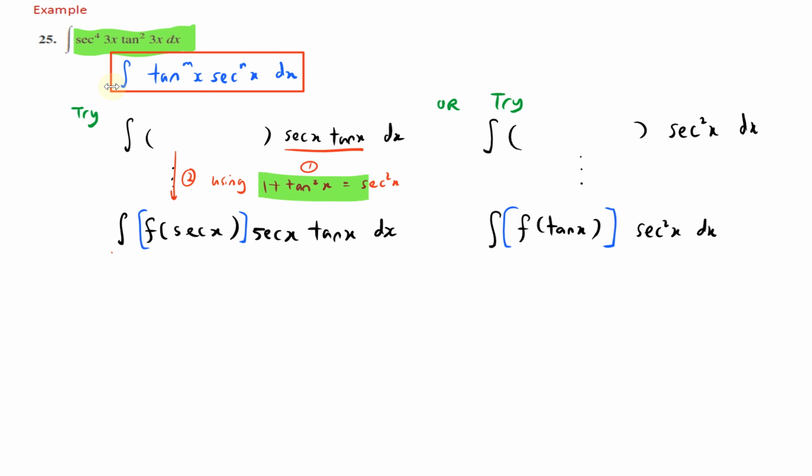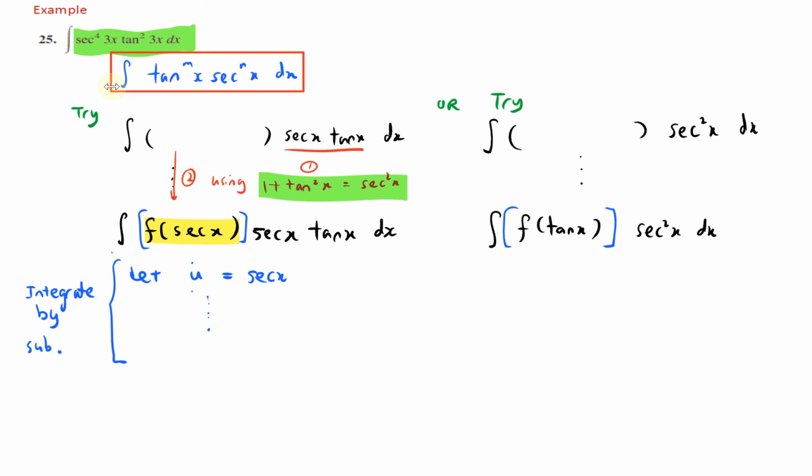If you are able to get f of secant x inside the bracket, then we can continue by substitution. We say let u equal secant x, and solve by substitution.